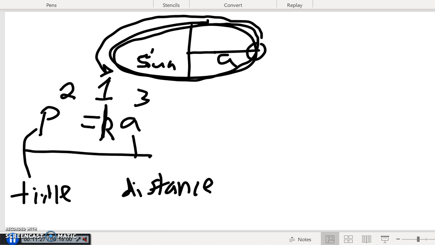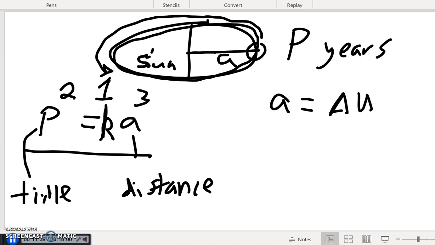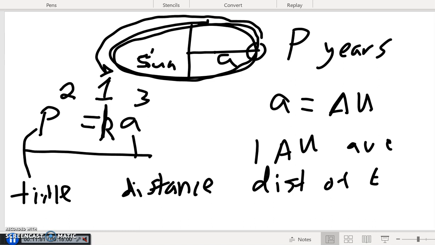Now here's why. Okay, for Kepler, P is going to be measured in years. And A is going to be measured in astronomical units. Now, 1 astronomical unit is the average distance Earth spends away from the sun. Again, our orbit is very, very circular, and so our average distance does not change very much.